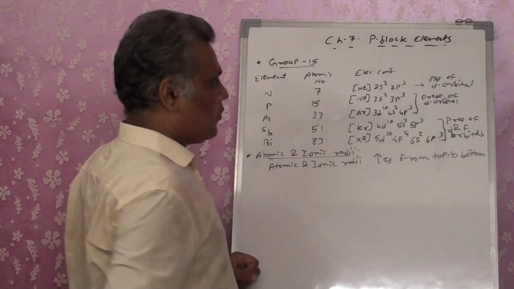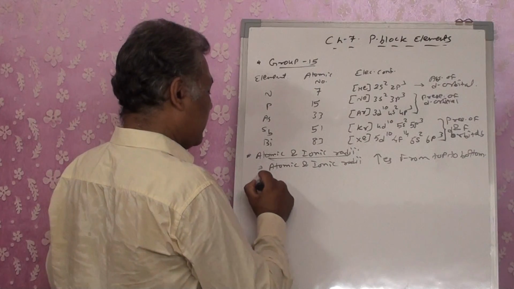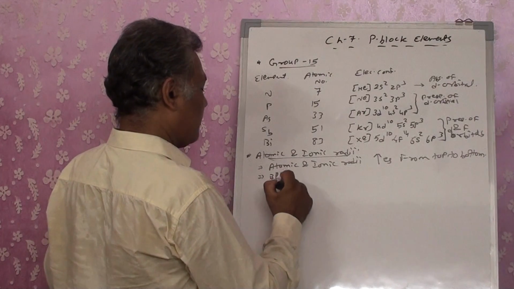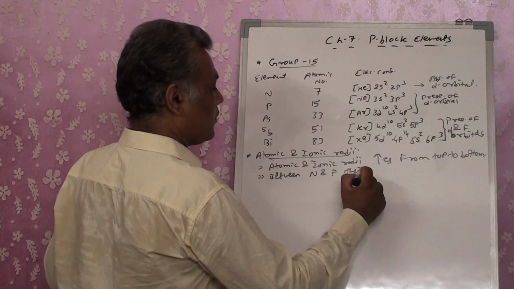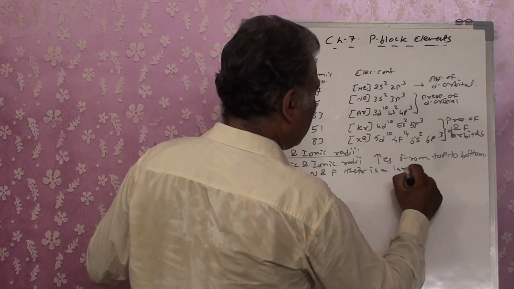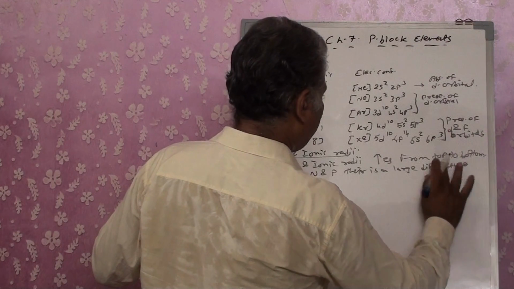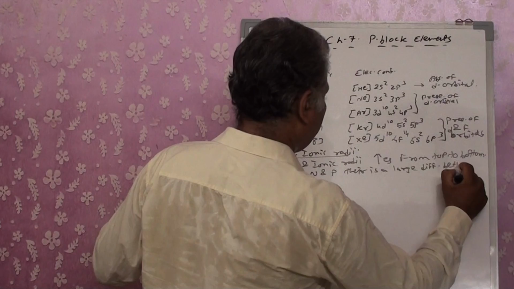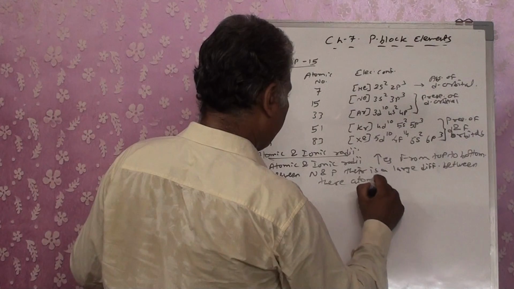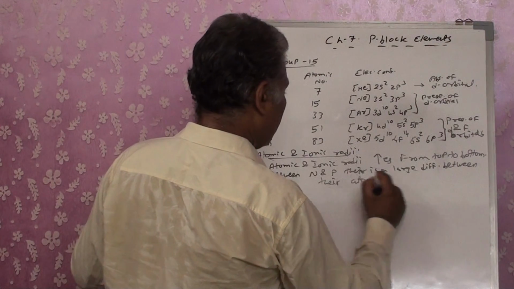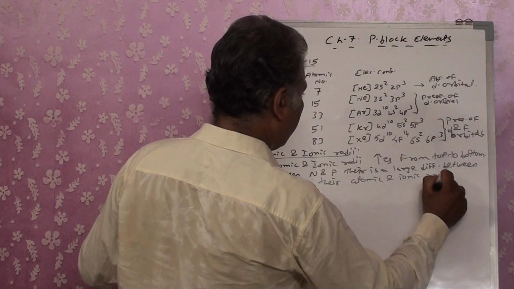But when we find out the difference in the radius, you will find that between nitrogen and phosphorus there is a large difference between the atomic and ionic radii.